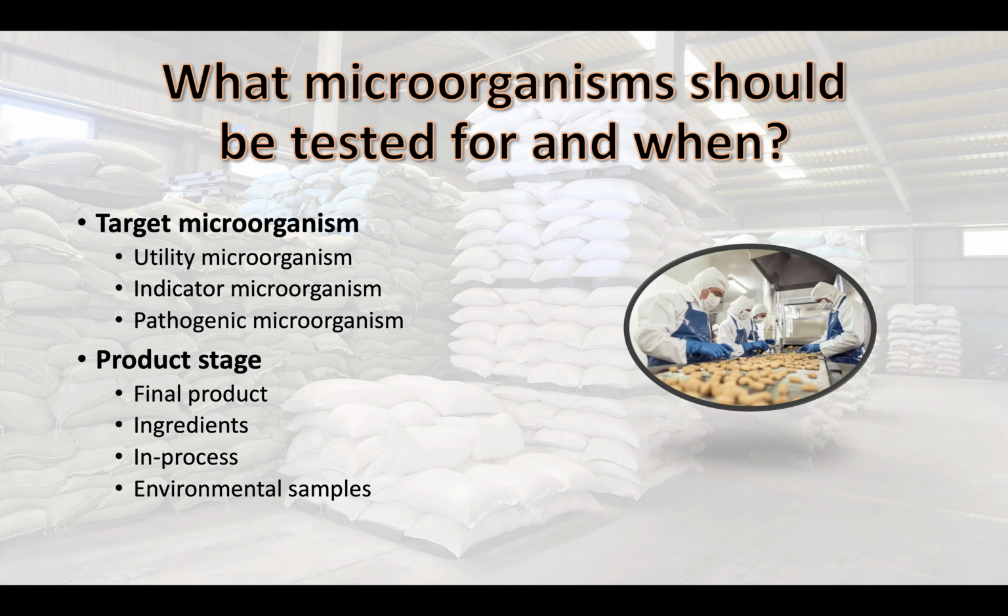That being said, there are certain requirements that you will be held to either by your buyers or by regulatory agencies. Again, as a food manufacturer, it is up to you to determine what these requirements include for your product.